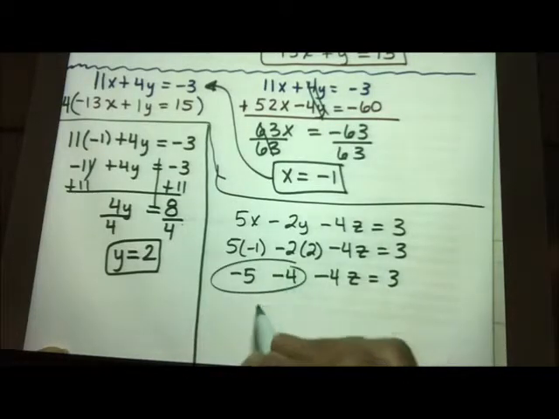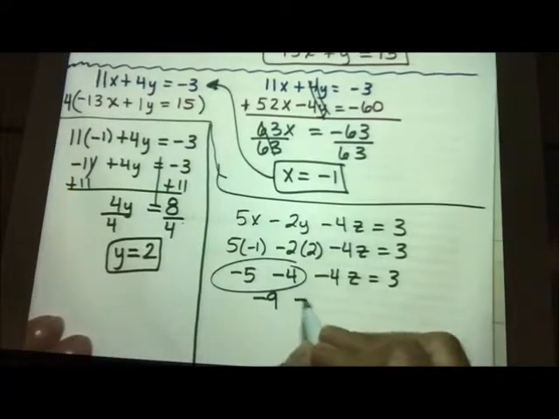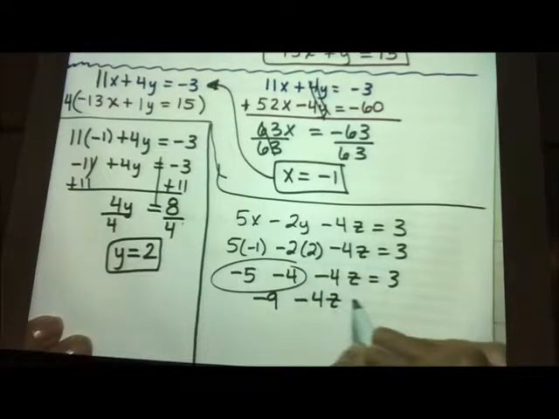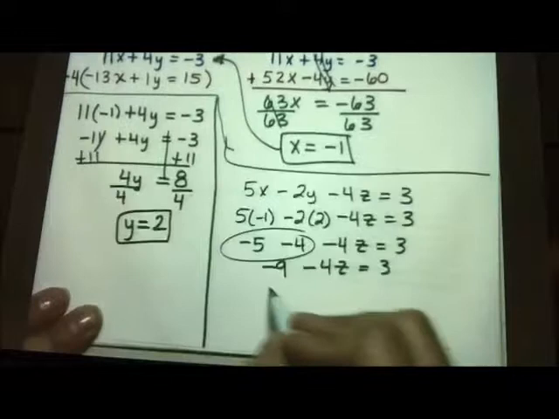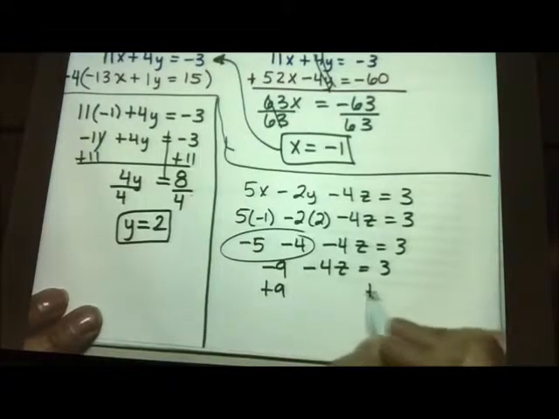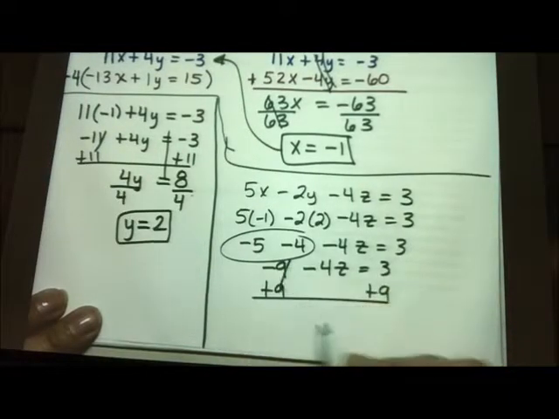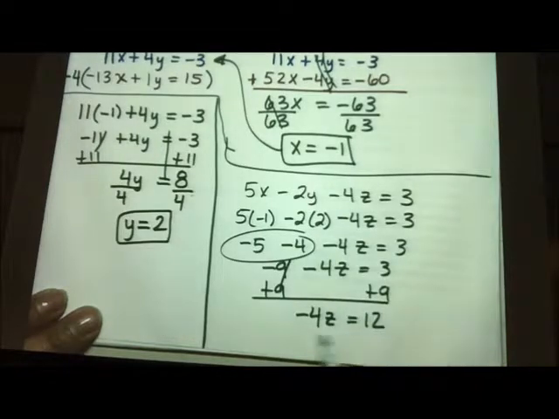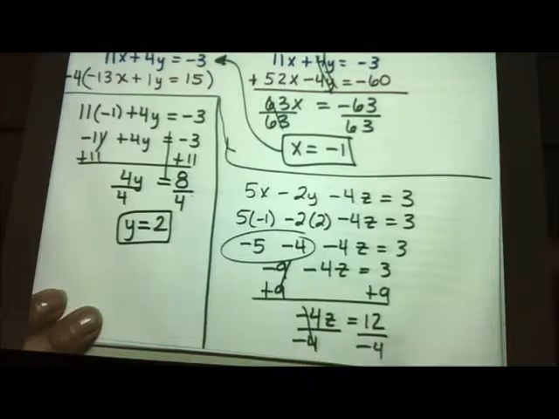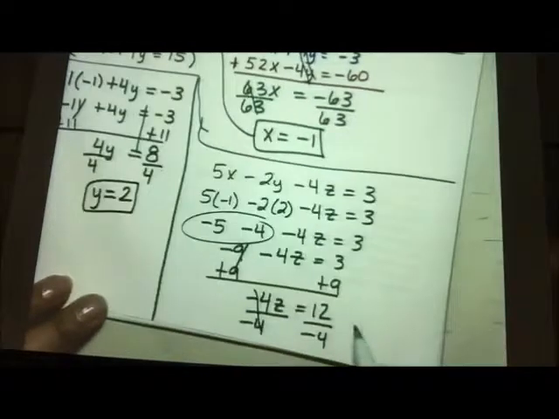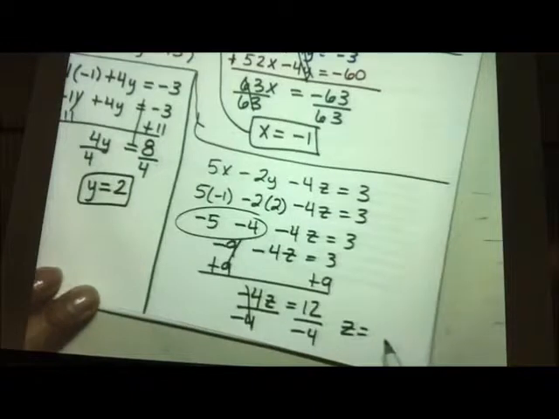These two combined give me a negative 9. Minus 4z equals 3. I could add 9, negative 4z equals 12. Divide by negative 4, divide by negative 4. Z would equal a negative 3.